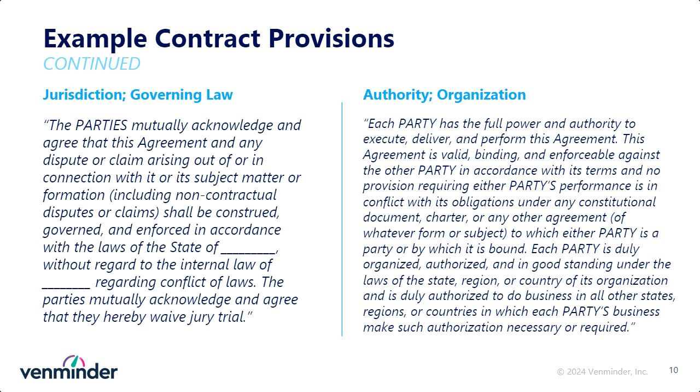I've seen this written too where there's a mutual clause: I sue you and it goes to your location, you sue me and it goes to mine, vice versa. So that is something to consider there. And as far as authority and organization, this is just the fundamental business statement that I had the authority to sign this contract and to be in the business that I'm doing. That's what that language is stating.